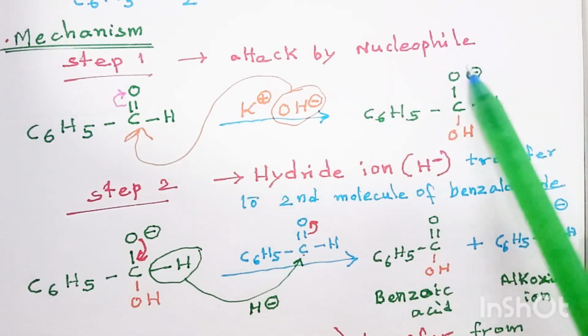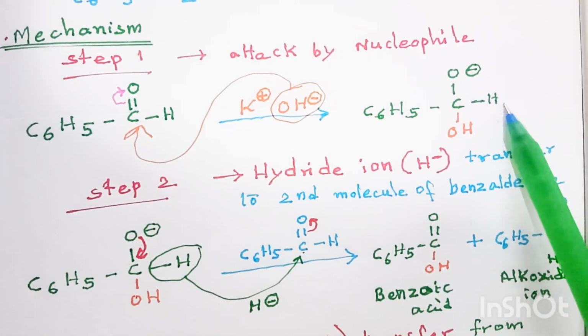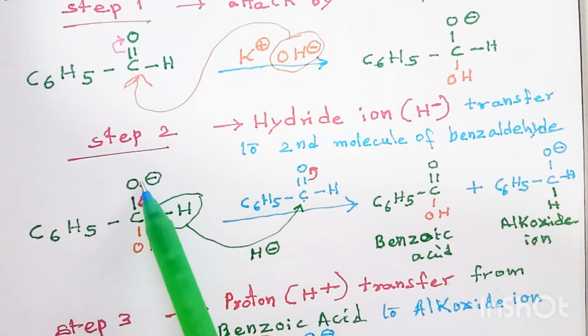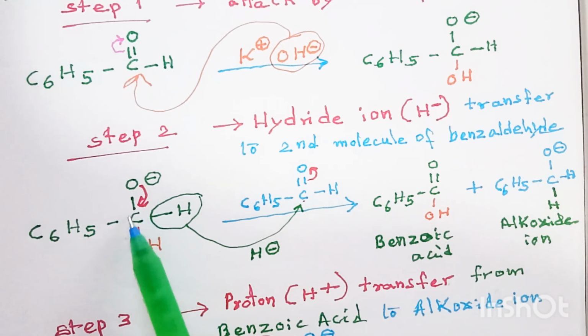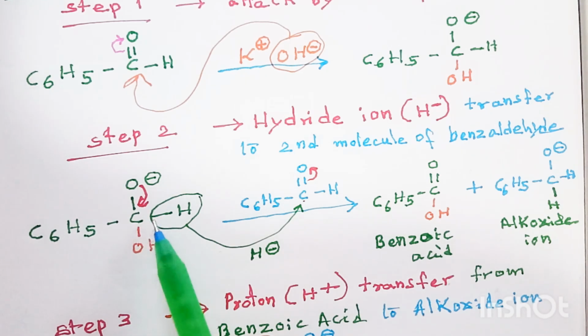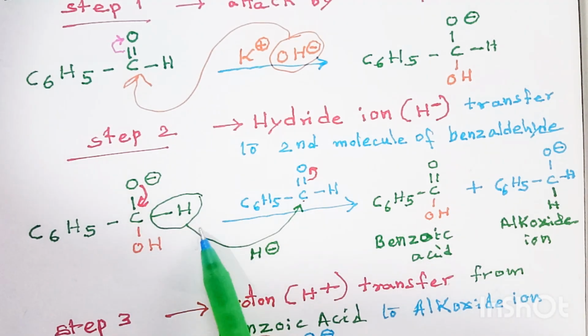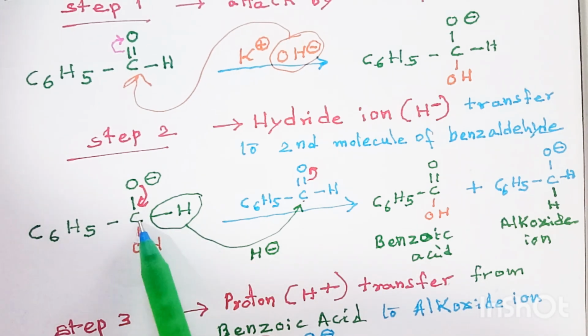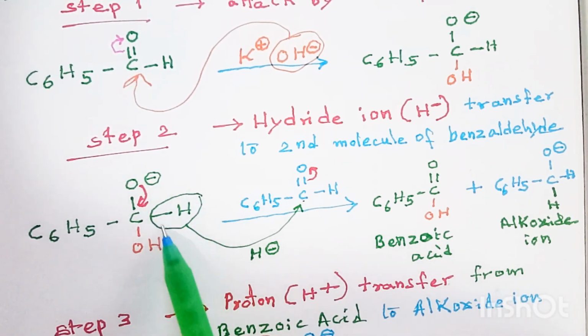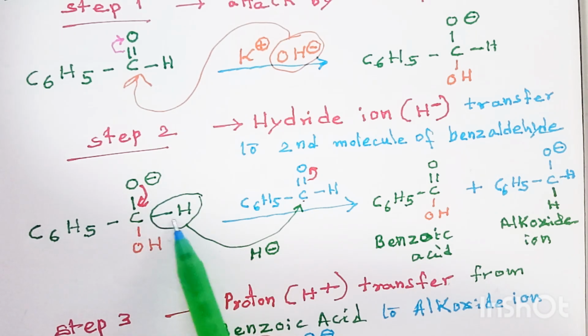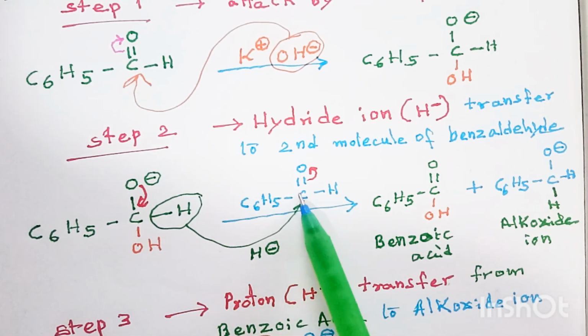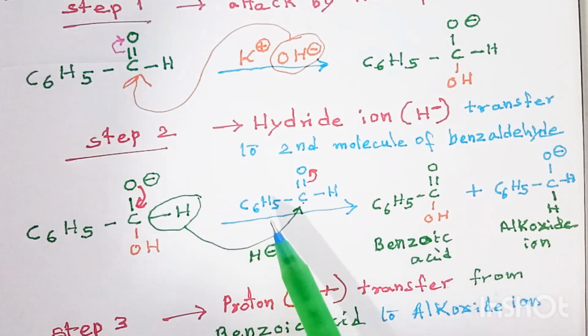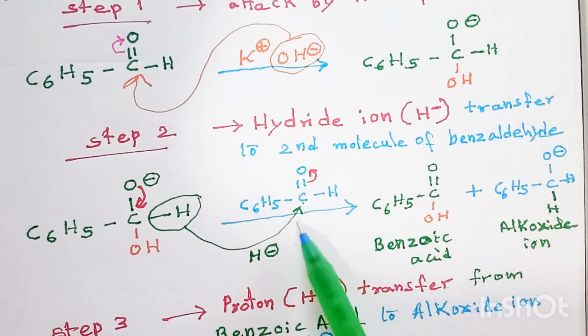Now this is not a stable ion, as a result of which these two electrons will return back to form a pi bond here. So the electron density on this carbon increases, as a result of which this hydrogen atom attached to this carbon will take the two electrons of the CH bond along with it and goes and attacks this carbon atom of another benzaldehyde molecule.